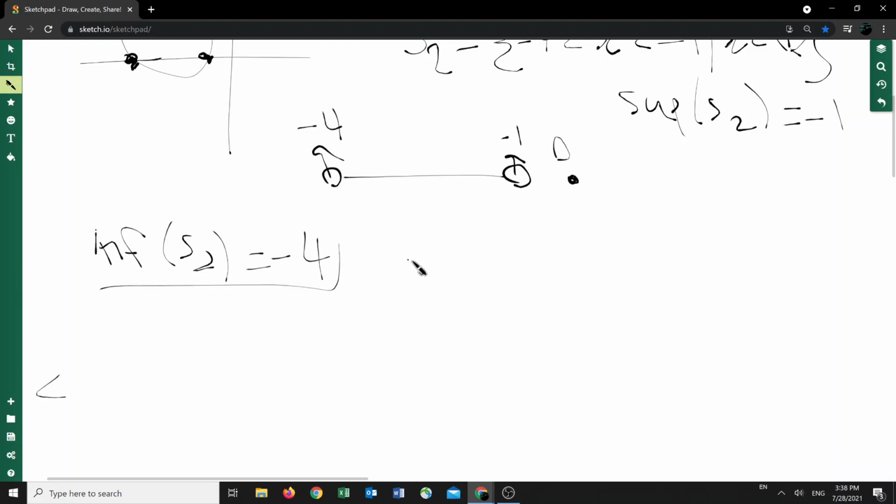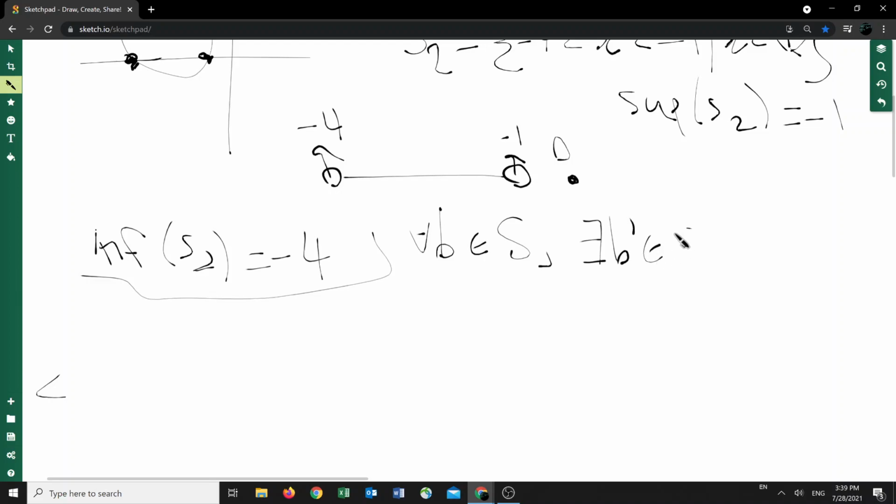Okay, how do we show that? Well, again, using the same idea, I'll just write: for all b in S, there exists b prime in S such that b prime is less than b.